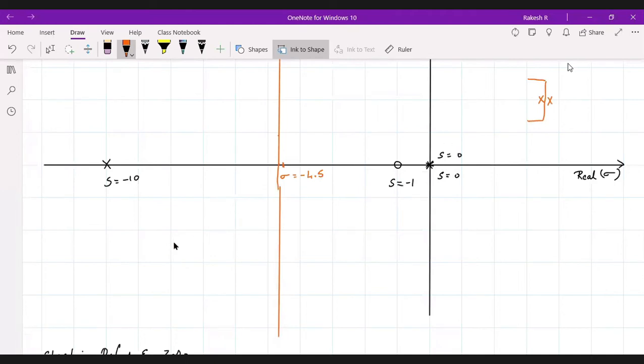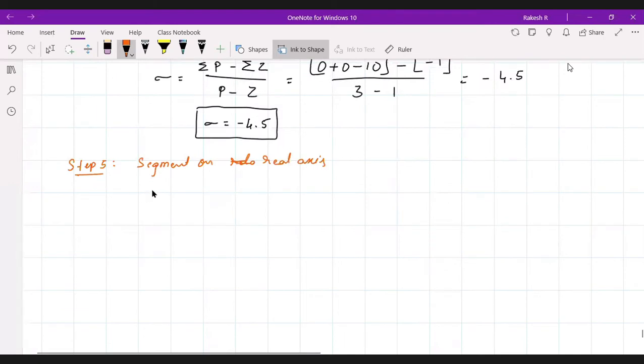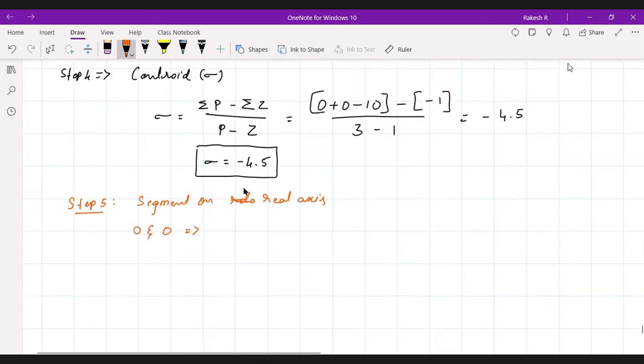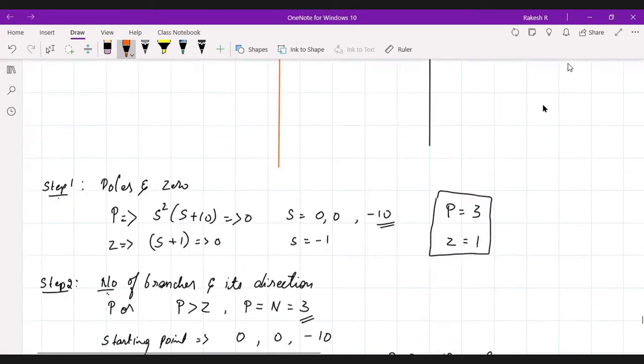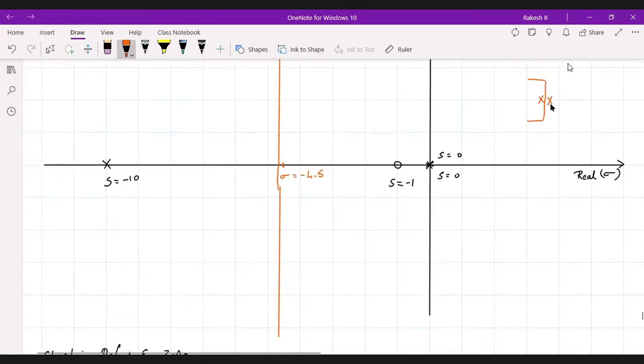Right. So first in between 0 and 0, does the root locus exist or not? We need to find out here. This is what I told, it is 0.99999 like that, and 1.00001 like that.